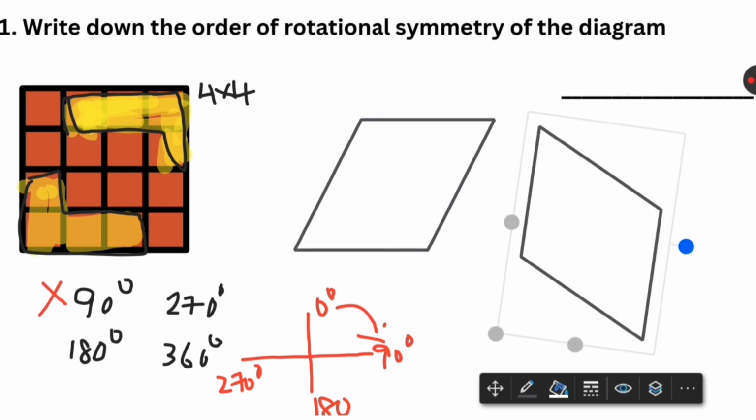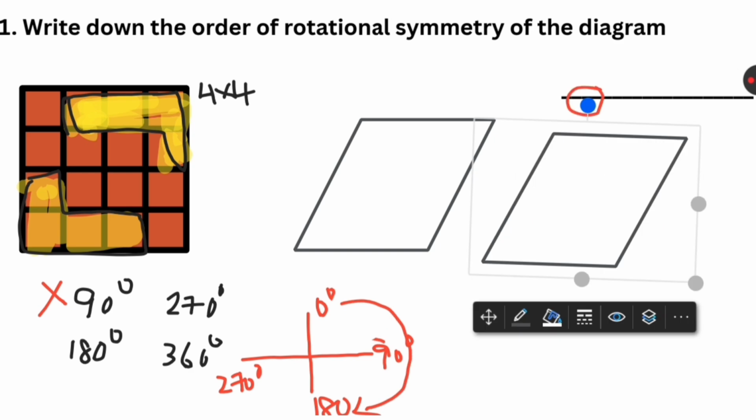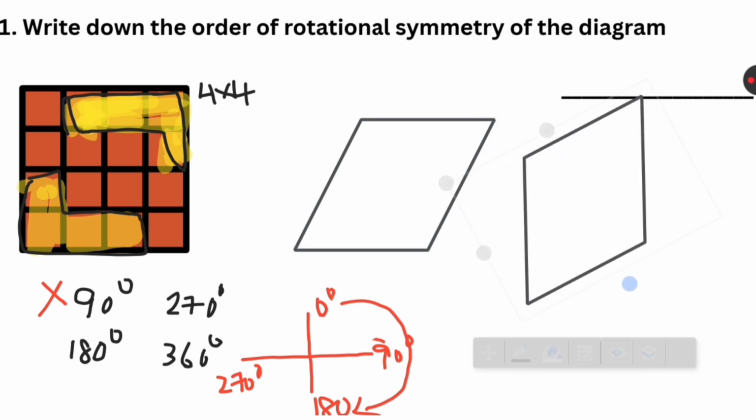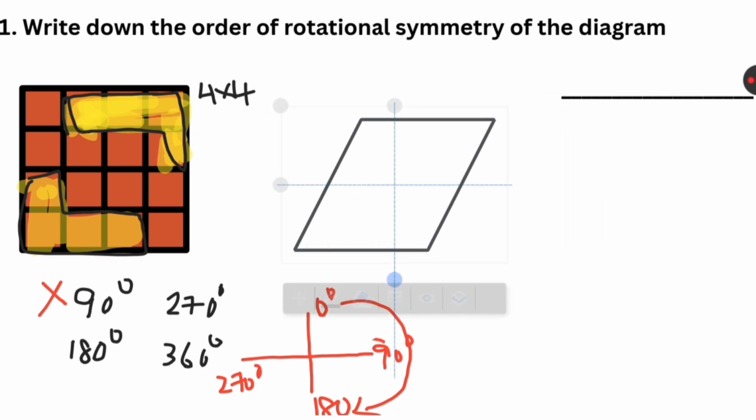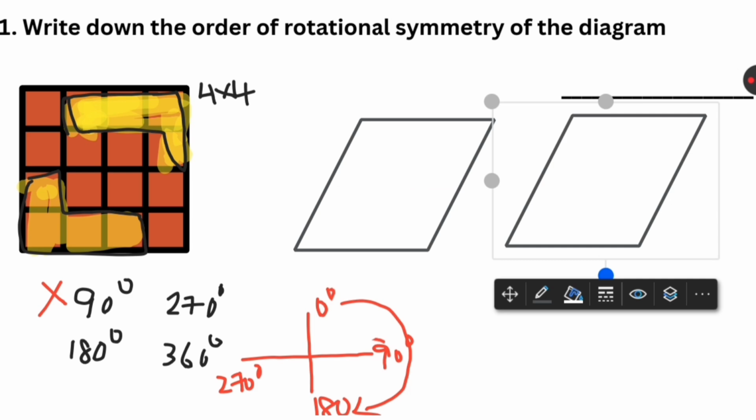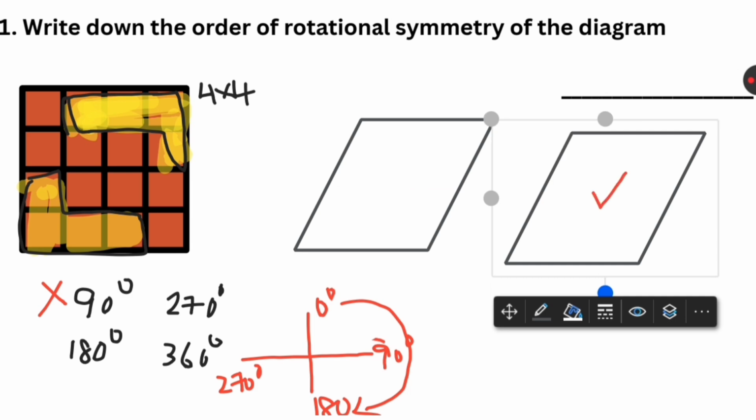Now let's try 180 degrees. This is 0 degrees, so let's rotate to 180. Now observe here. If you compare with the original shape, it looks the same. At 180 degrees, this shape matches the original shape. So at 180 degrees, rotational symmetry works.